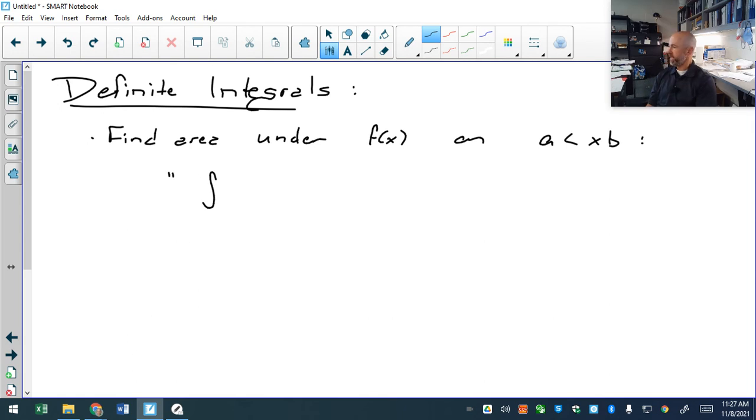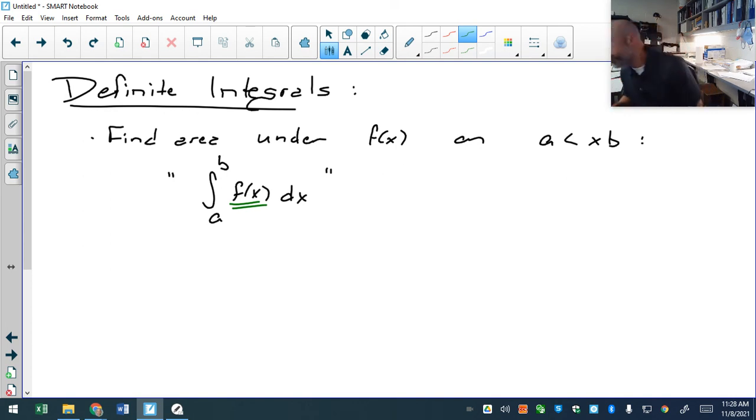It's an elongated S, and it's an S for a reason. From a to b, you write f of x, you write a dx, and we'll talk in more detail about what the S and the dx mean specifically, but for now, I just want you to understand that that notation means you're finding the area under the curve between the squiggle S and the dx.